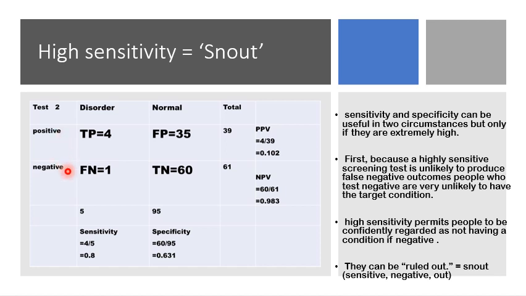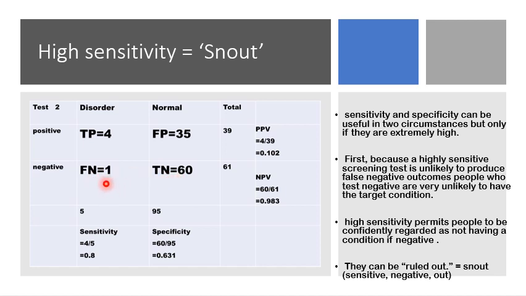It shows you that if you have a truly positive case of 4 out of 5, this is high sensitivity, then you must have a smaller number in here, the false negative, because you've missed only 1 case out of the 5 cases. And because the false negatives are low, it's much more likely that the true negative would be higher.